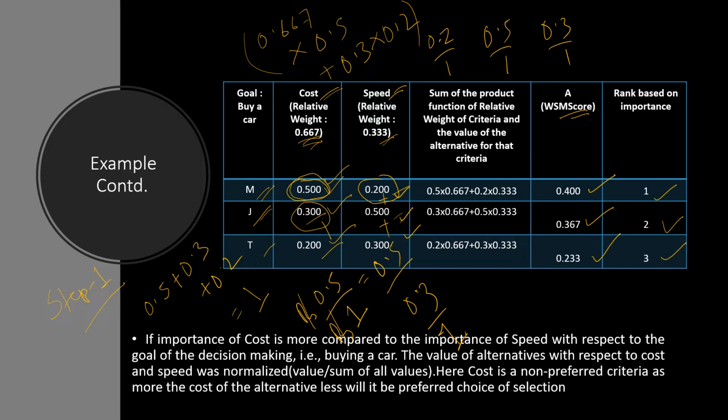If for me cost is more important, then I will see among all these three which one will have the least price. Now, remember here 0.5 is assigned to the cost which is lowest here, and in this way this anomaly was overlapped.